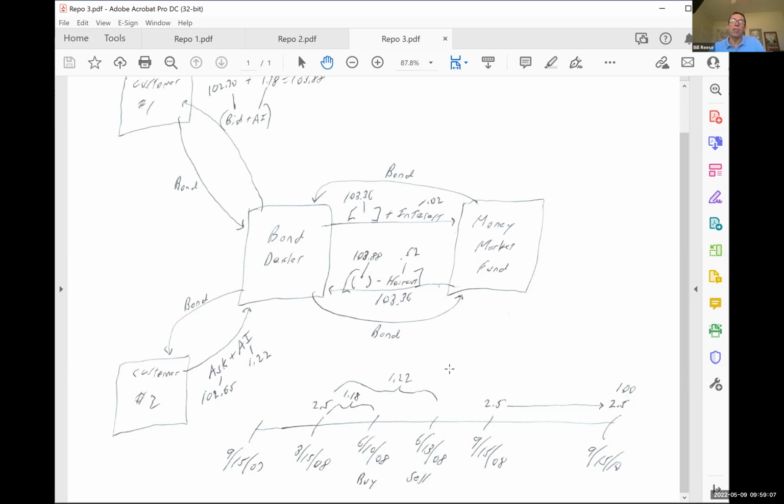But how much money is the bond dealer making on this difference in the accrued interest rates? It's going to be the difference between this number and that number, which is 0.04. So the bond dealer is earning 0.04 over these 3 days while he's paying 0.02 in interest. So he's earning 0.04 in interest while paying 0.02 in interest. That's positive carry.